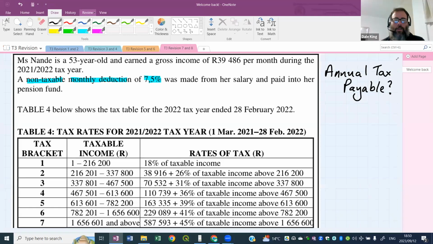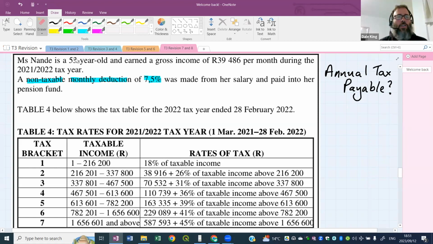In grade 11, they usually show you this table and how to use it. Then in matric, they add on rebates, medical aid, monthly pension and all that kind of stuff, and make it a little bit more challenging.